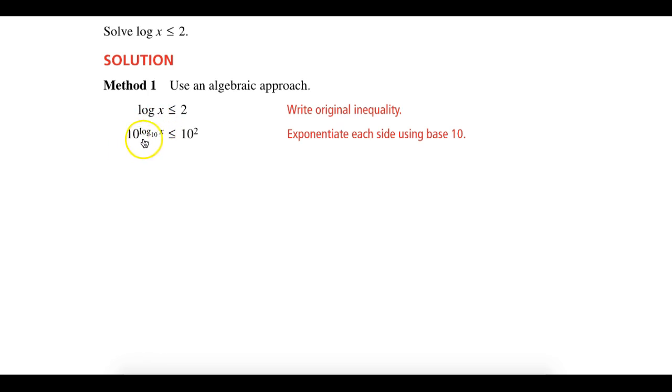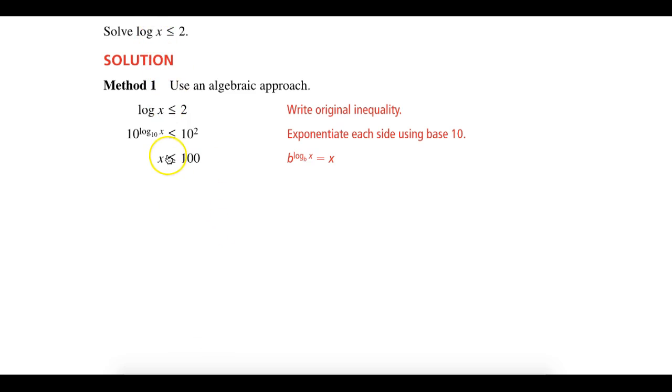Now on our left hand side, 10 to the log base 10 is going to cancel out. We're going to have x by itself. So x is going to be less than or equal to 100. Now, before we just write this down as our final solution, we need to make sure that all of these values will work.